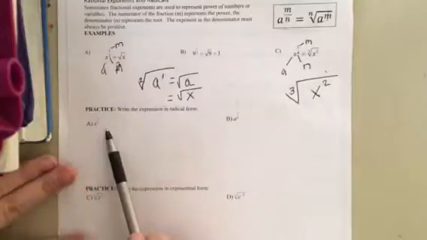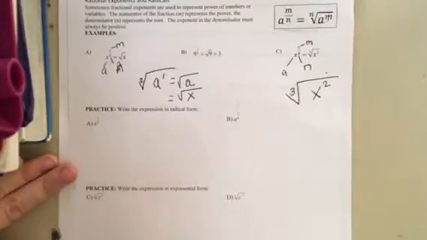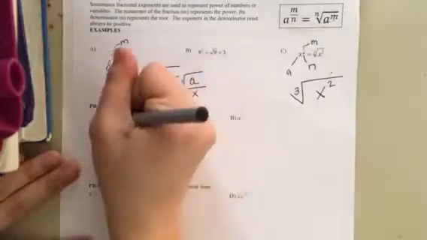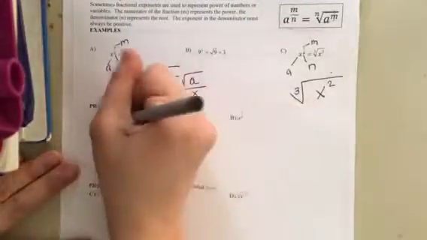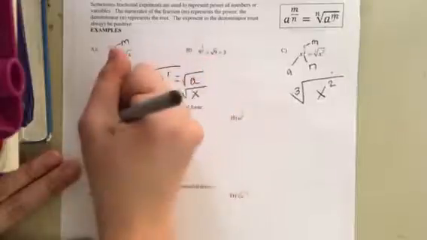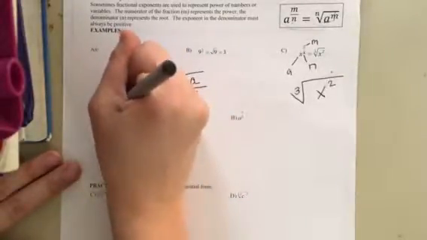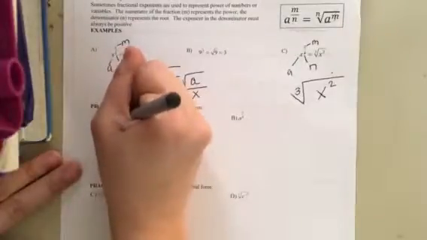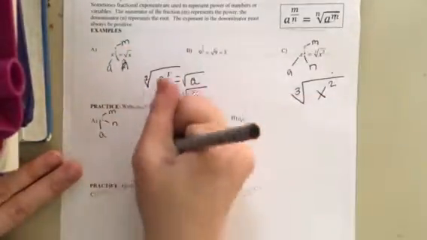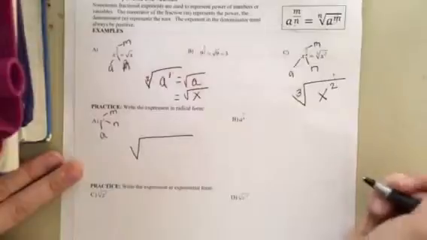So now we have more practice problems down here. I'm going to go through one of each of these. So starting out with letter A, we have x to the 2/5. X is our a, 2 is our m, 5 is our n. So then we write our radical.